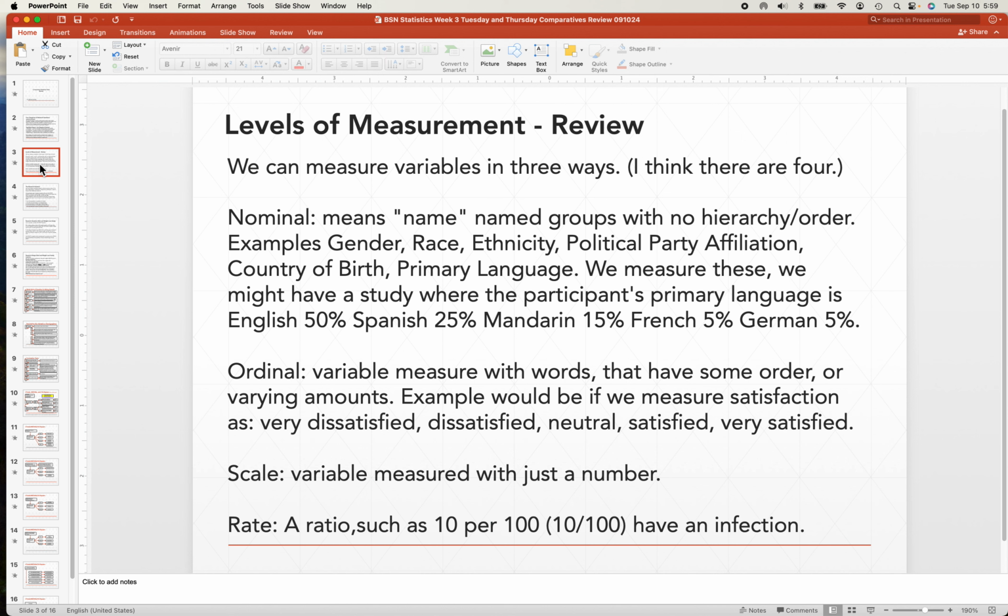And by the way, almost invariably, if we have a situation where we're comparing two different types of treatment or three different types of treatment, such as if our independent variable is diet, and we divide our patients into several groups, each group gets a different diet. When we have those kinds of groups, it's almost always nominal data.